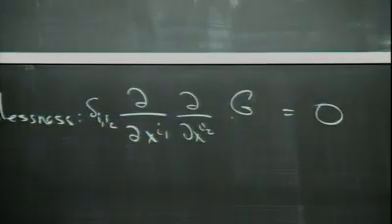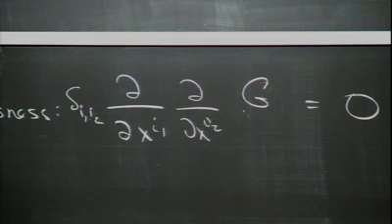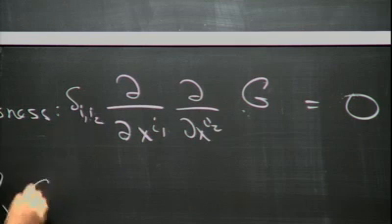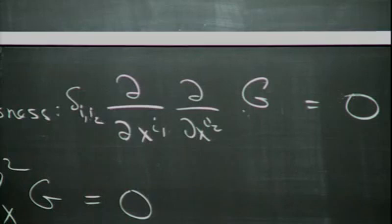Right? Because that's how I take out two x's. I differentiate with respect to one x, I differentiate with respect to another x, and then I contract them. Well, that just tells us that g solves the Laplace equation in x.